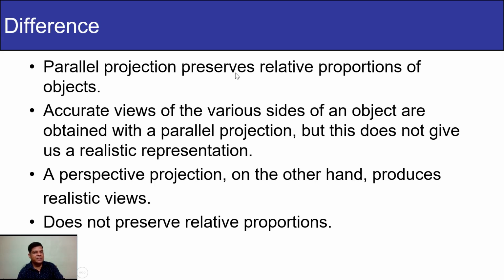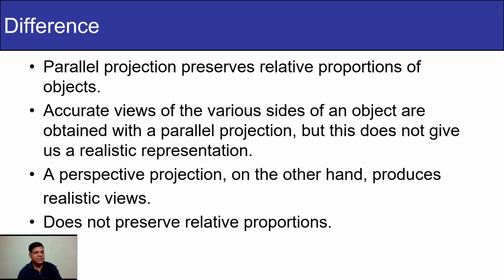Parallel projection preserves relative proportions of the object. That means in parallel projection, the dimensions of the object do not change. The advantage is that accurate views of various sides of an object are obtained with parallel projection, but this does not give us a realistic representation.